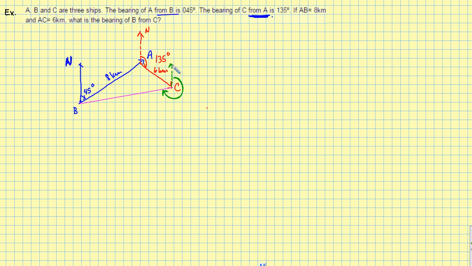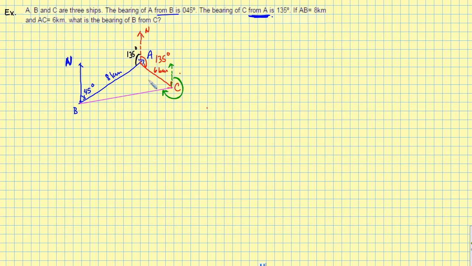Now, in doing that, we're not given a lot of information here, but the first thing that we always want to check on these problems with the bearings is to see whether we have a 90-degree triangle or not. So the one thing we can certainly do is say, using the parallel lines and the transversal, if the angle here from B is 45 degrees, then the internal angle inside here is going to have to be 135 degrees.